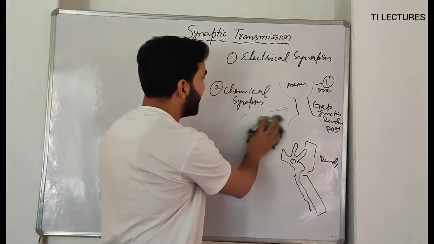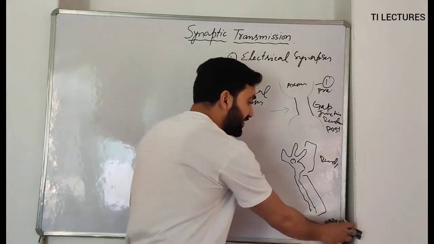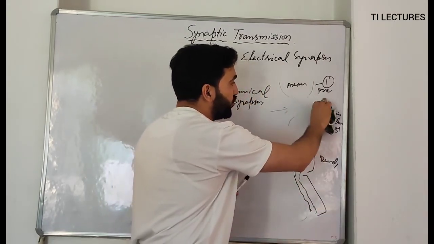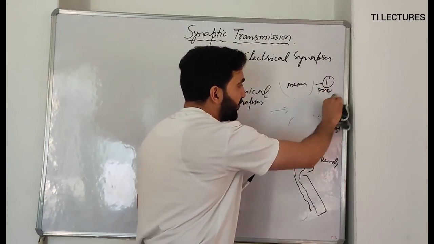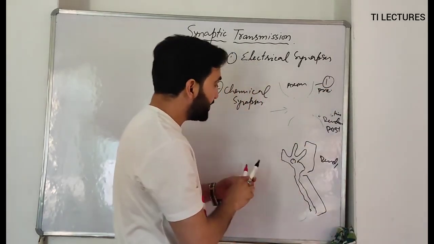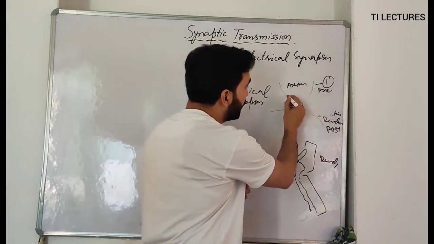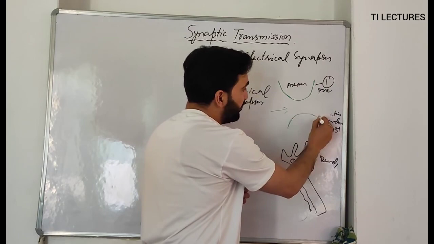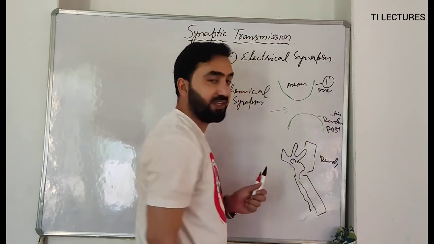That is called the chemical synapse. In chemical synapses, this is the presynaptic neuron, or presynaptic cell, and this is the postsynaptic neuron and postsynaptic cell.